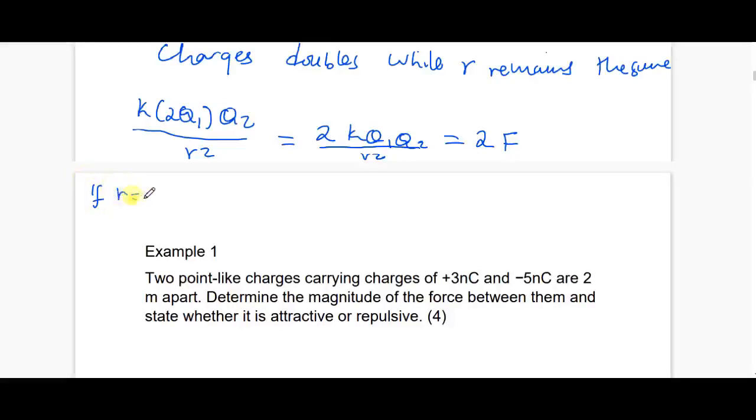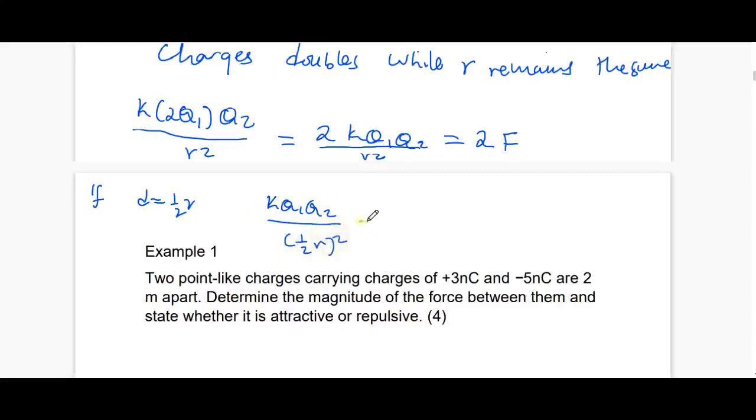If R is now 1 over 2, so if our distance is half R, what is going to happen now? We have k q1 q2 over (1/2 R) all squared.